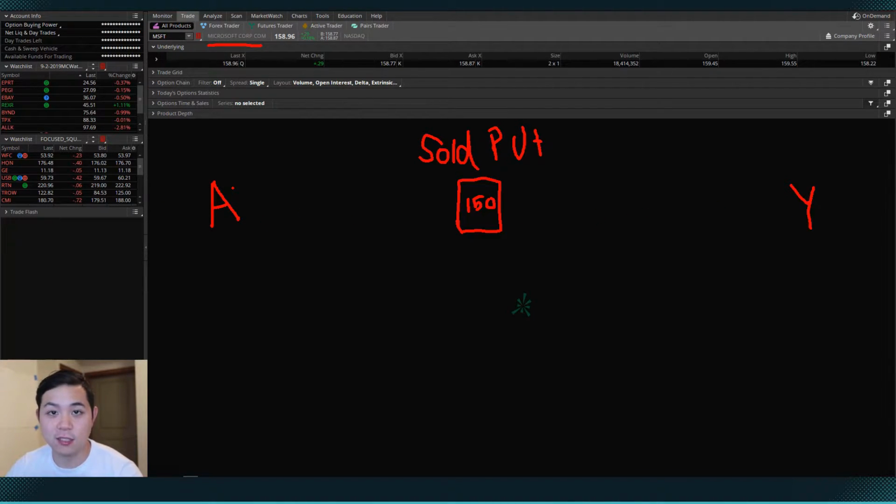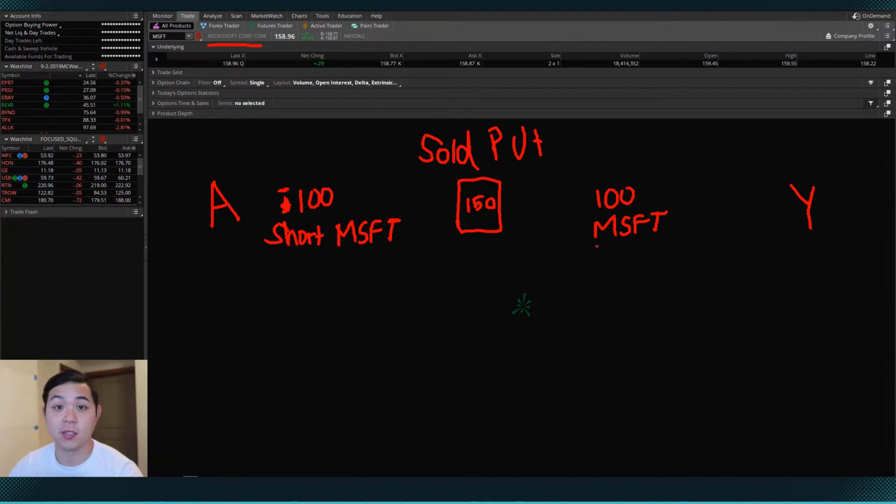Well, when he wants to exercise this, he will be delivering 100 shares of Microsoft. And since he bought a put, he's actually going to have short shares. So he will be short Microsoft with 100 shares. It's probably better to put a minus sign here because he is short the stock. And then on your side, to balance this out, you will be assigned 100 shares of Microsoft. So you will be long Microsoft.